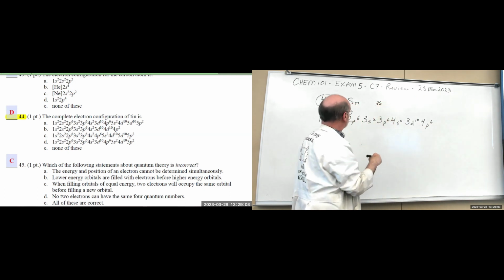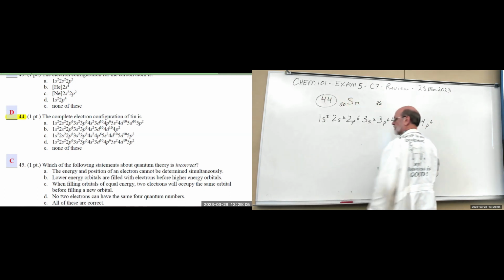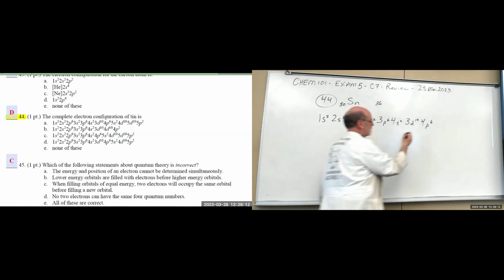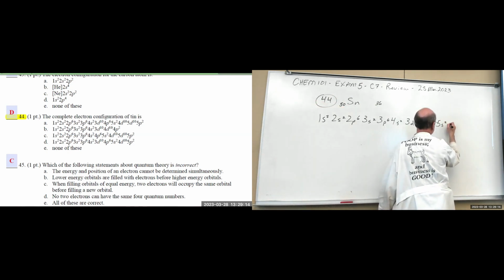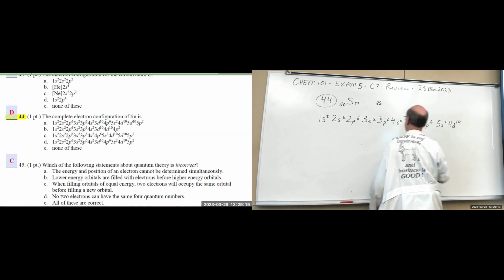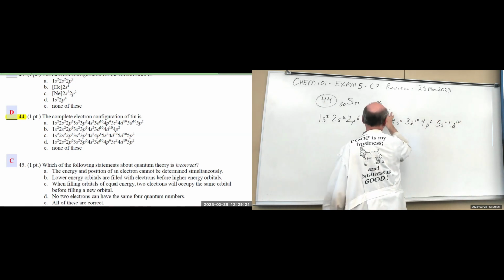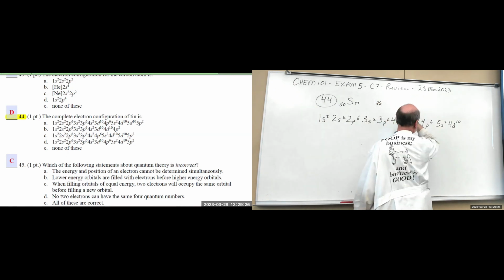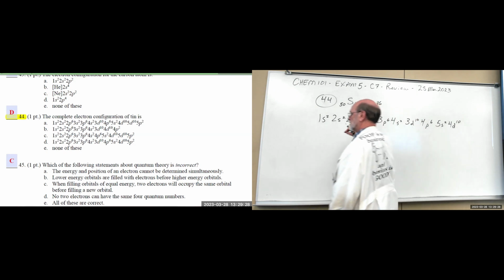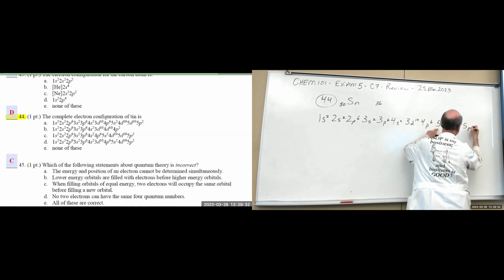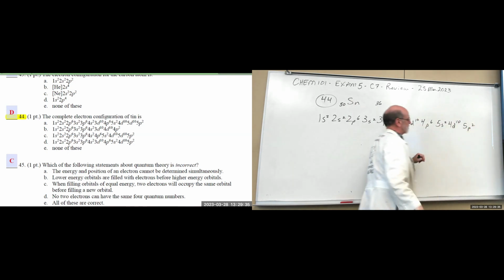So I need what? 14 more. Then I go to 5s2, and 4d10. So that's 12. And I need, what did I say, 14? And I've used 12. I need 2 more. So we're down at that level of 5s, 5p2. There you go.